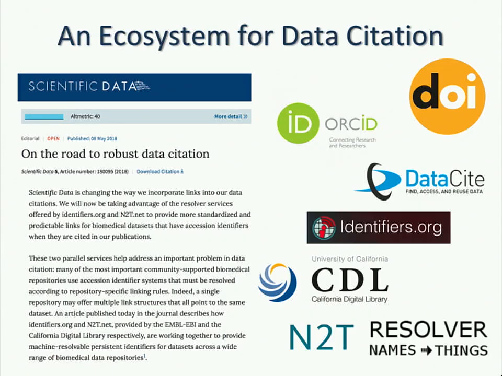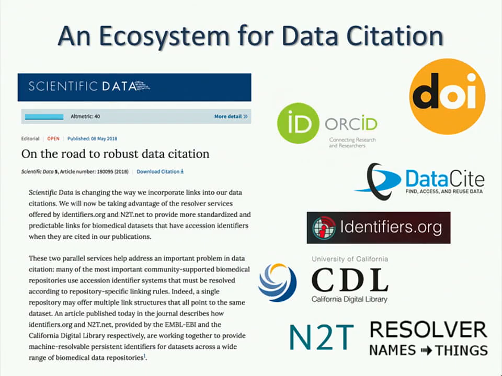A number of groups came together in Europe and the US as part of DataCite, which is a project looking at how one cites data, and identifiers.org, which is a European project that deals with these database accession numbers, and the California Digital Library. The California Digital Library is one of the main players in data citation in the US, working with DataCite. They've come together and built a global resolving service for these database accession numbers.